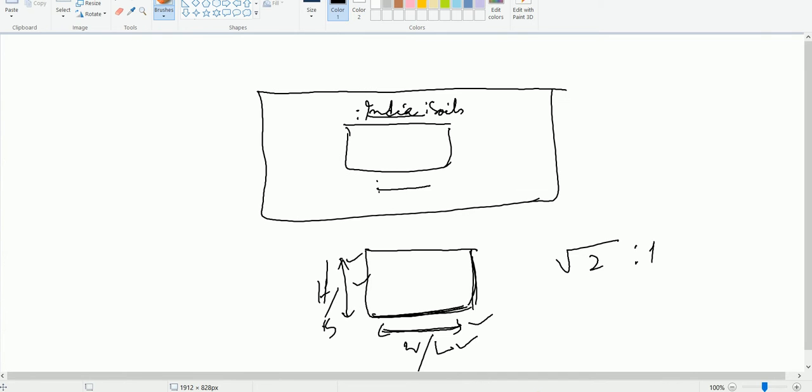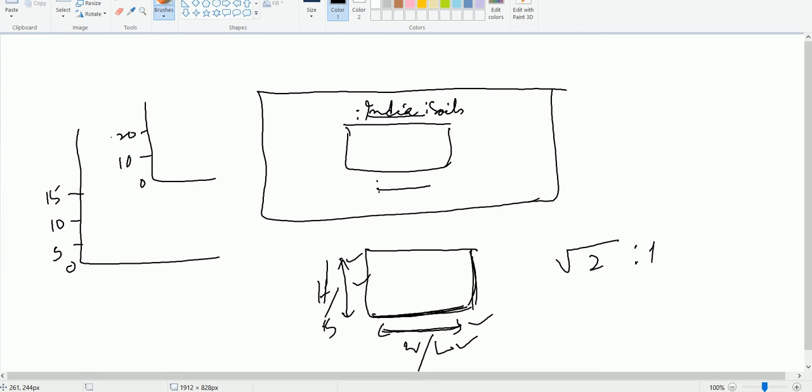See here, when we prepare a graph, for example, so this is the diagram, and when you give the scale here, it should be in multiples of 5, like 5, 10, 15, or it can be in multiples of 10 also, so it's 0, then 10, 20, like this, and so on.